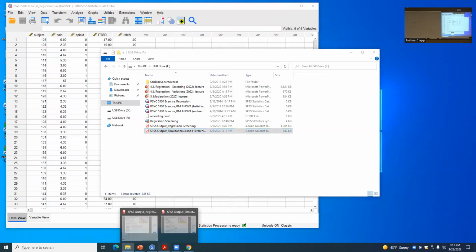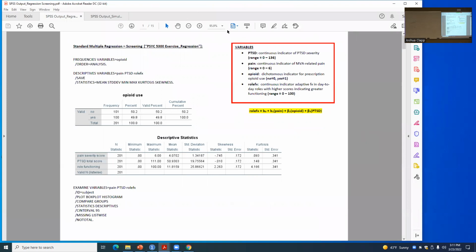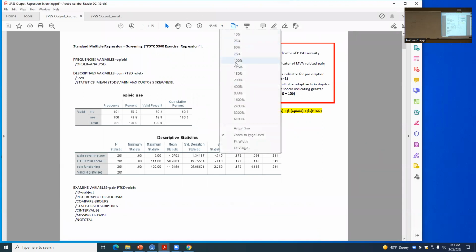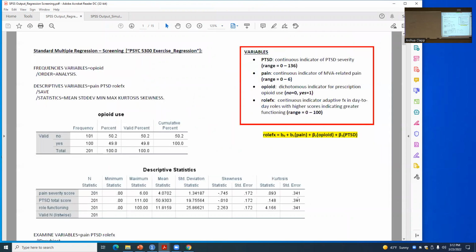And what we've got here is an example that we're going to do a lot of work with. We're trying to predict role functioning in individuals who have been involved in serious motor vehicle accidents.